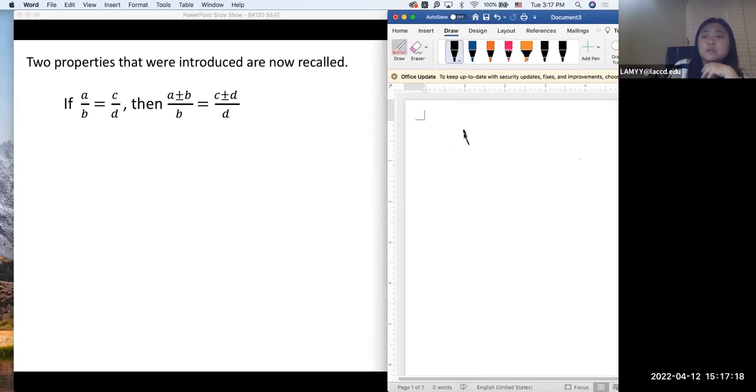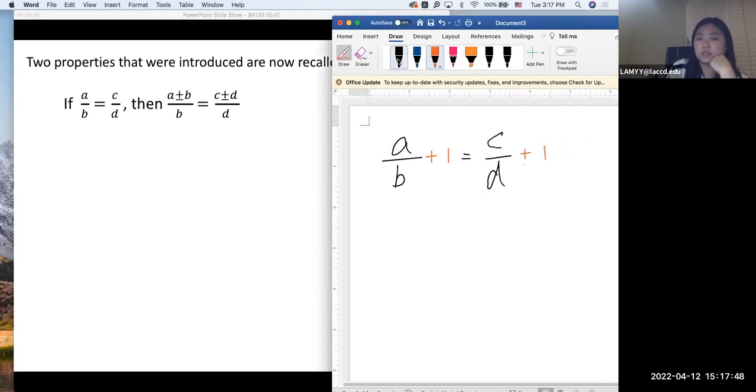When A over B equals C over D, they are equal to each other, so we can add 1 to both sides.